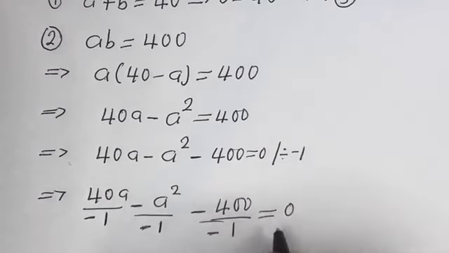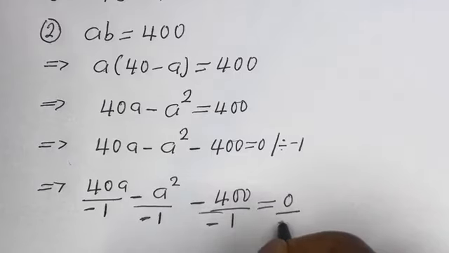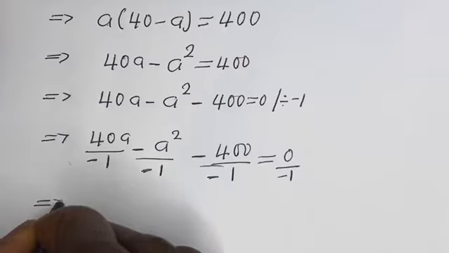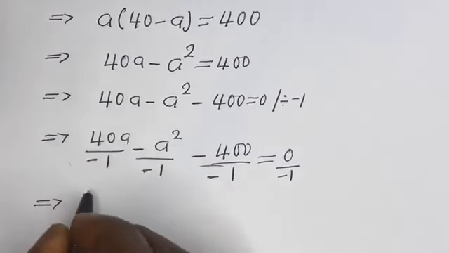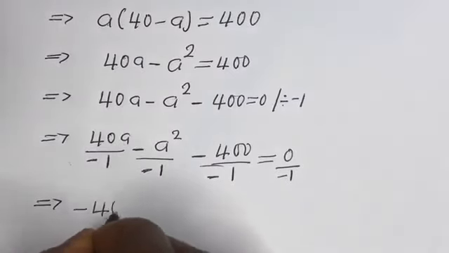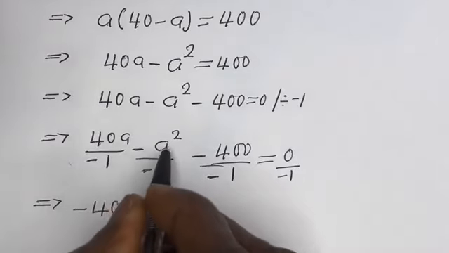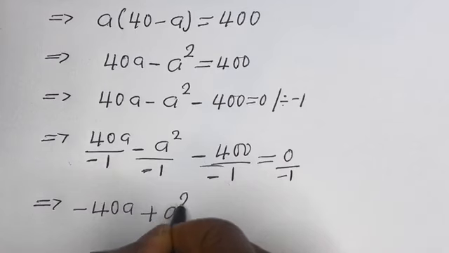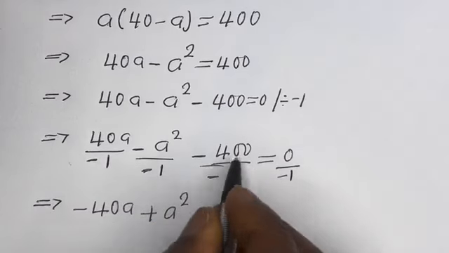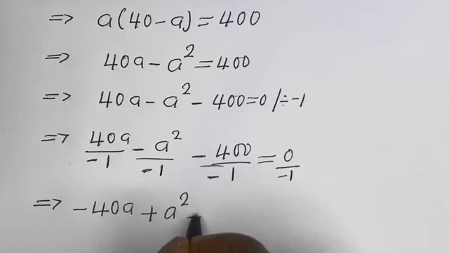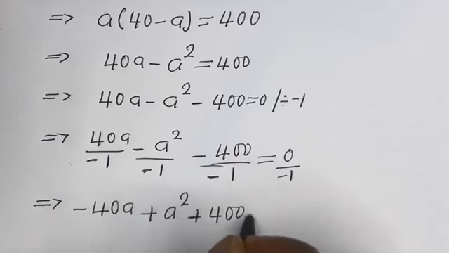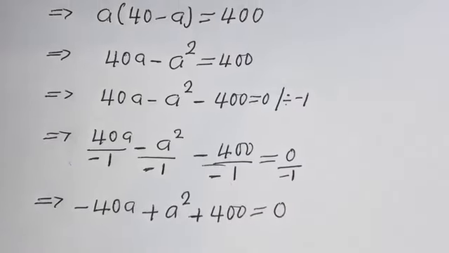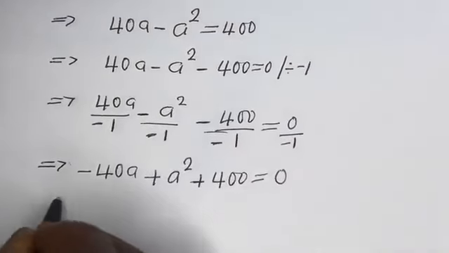This is equal to 0 divided by minus 1. Here we have 40A divided by minus 1, this is minus 40A. Minus A squared divided by minus 1 is plus A square. Then minus 400 divided by minus 1 is plus 400, is equal to 0 divided by minus 1, this is 0.